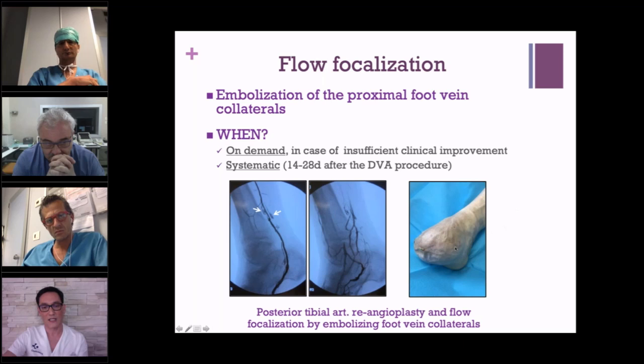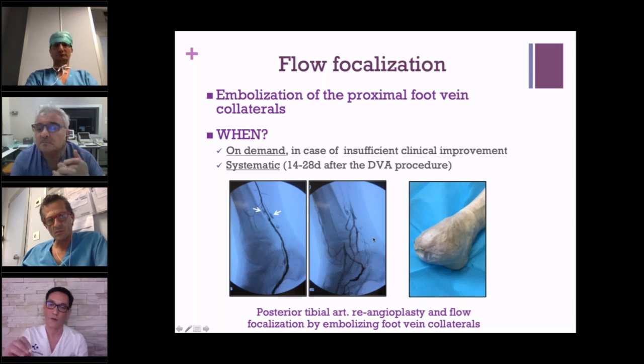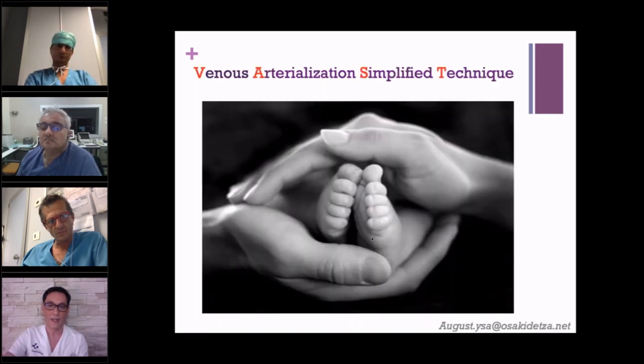As already mentioned, we performed a re-PTA of the artery and coiling with standard coils of the vein collaterals in order to avoid this bleeding and focalize flow to the forefoot. And several months later, we achieved this complete wound healing. So thank you very much.